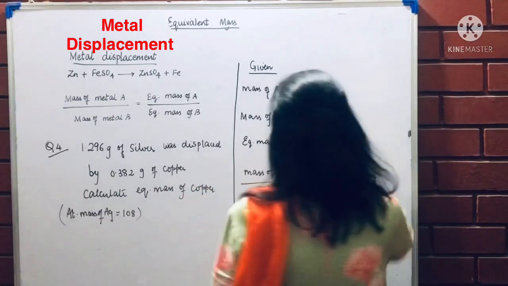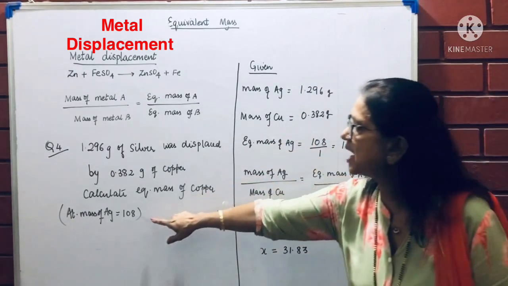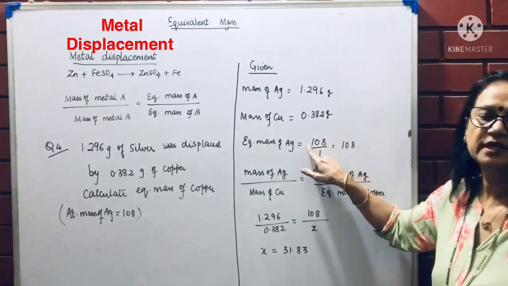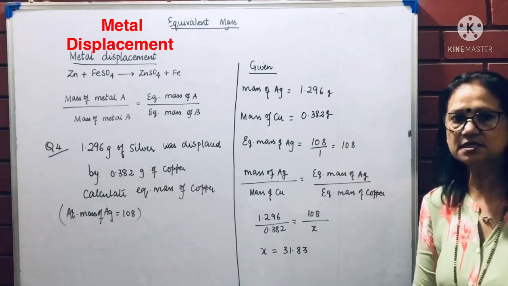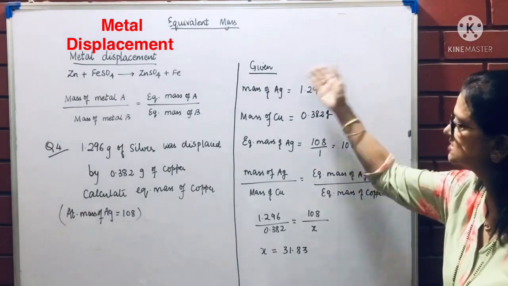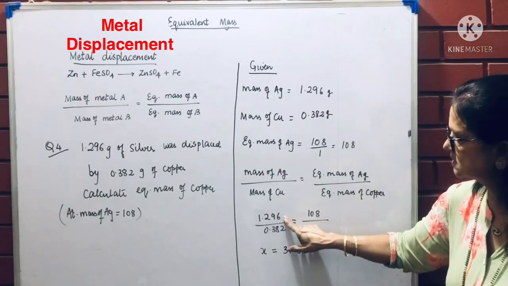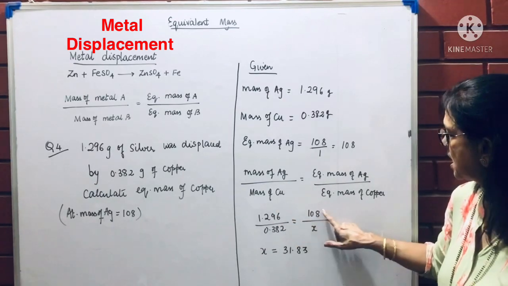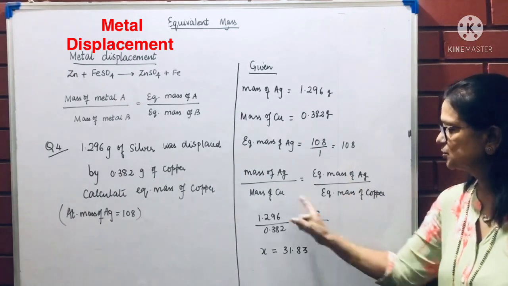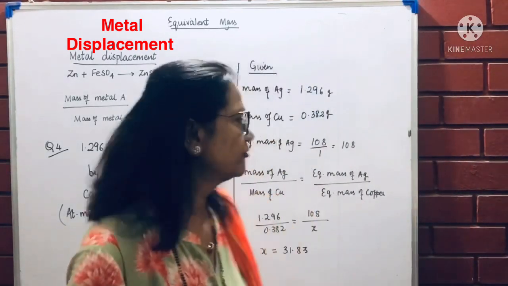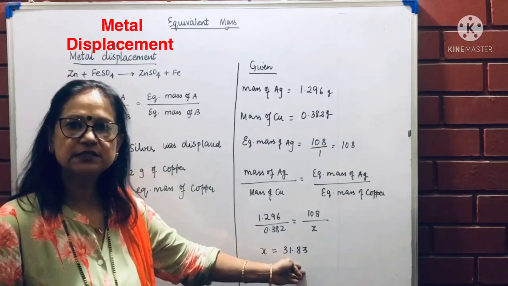In the question, I have the mass of silver and the mass of copper. I require the equivalent mass of silver: atomic weight 108 divided by valency. Silver's valency is 1, so it is 108. I am just substituting the values directly in this formula: weight of silver, weight of copper, and 108 as the equivalent mass of silver. This I want to find out. By a simple equation I can find the value of x, which comes to 31.83.